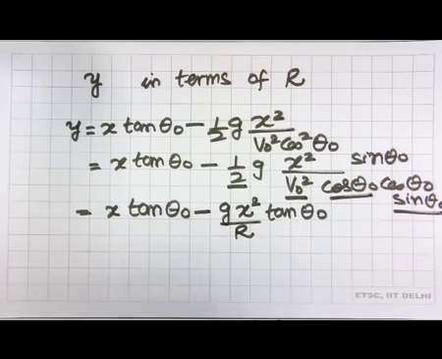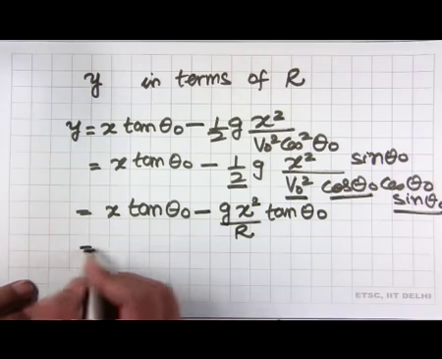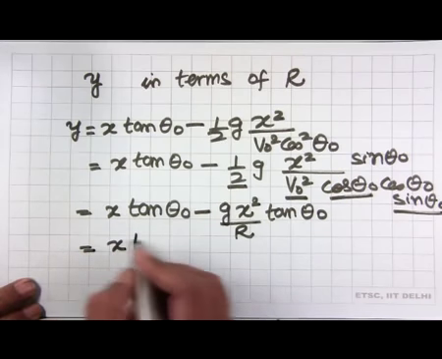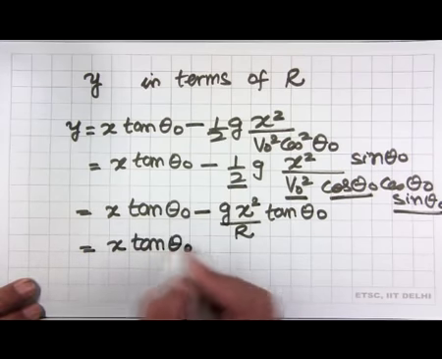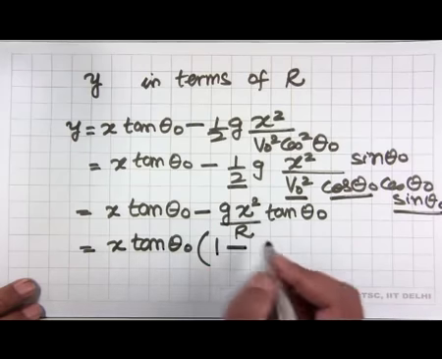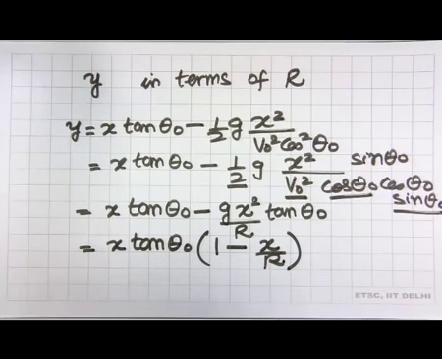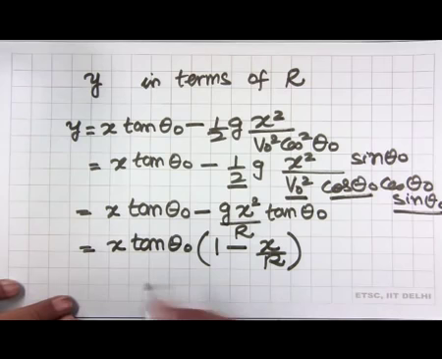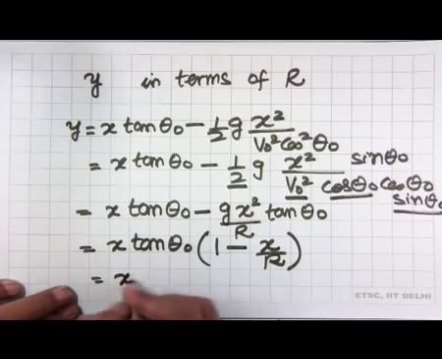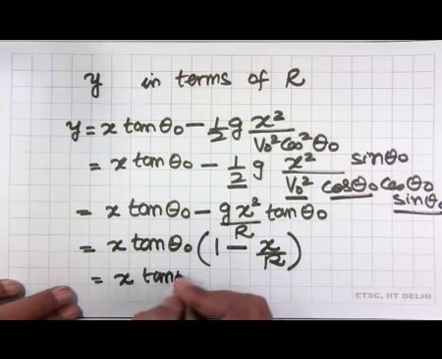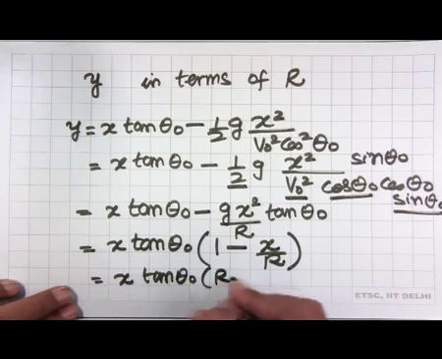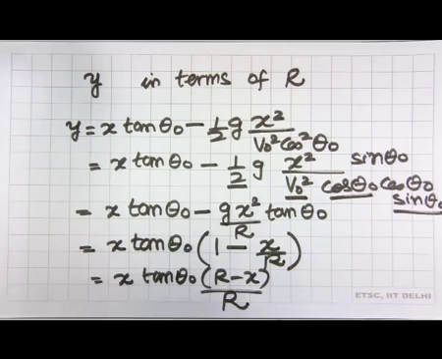So this expression then can in fact be simplified further. We can write it as x times tangent theta 0 into 1 minus x by r, and one can probably write this as x times tangent theta 0 into r minus x upon r. So this way one can express it.